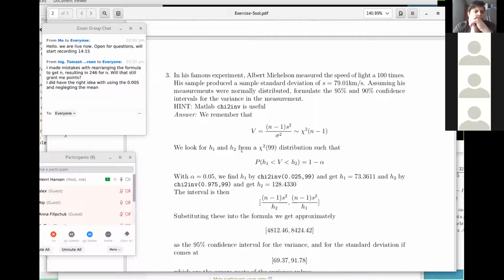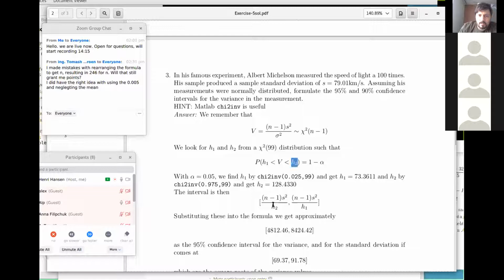And from this, we can derive the test statistics, because we proved it or showed it during the lectures again. So if you think about the idea that this value is chi-squared distributed, and it's between h1 and h2, then solving for this in such a way that only this sigma squared is left at the middle, we get an interval: n minus 1 times s squared over h2.